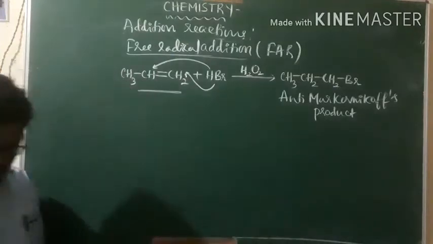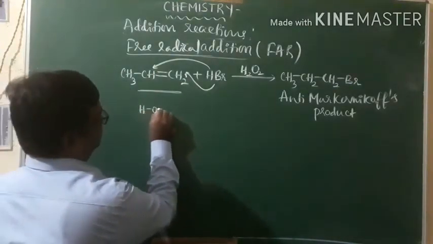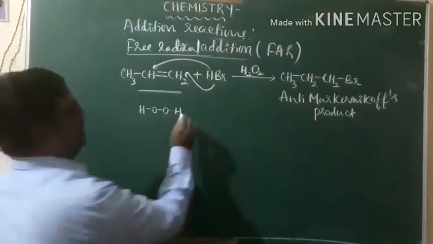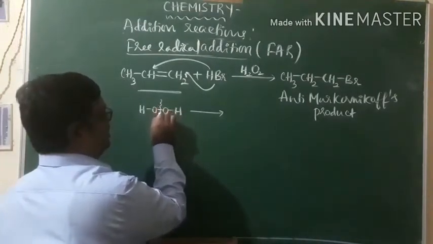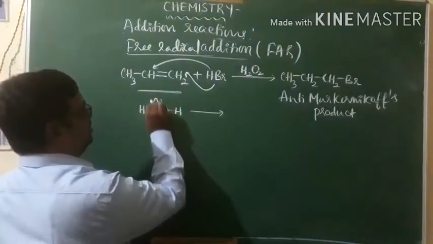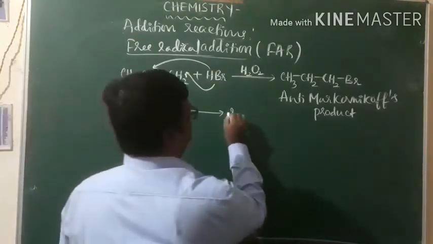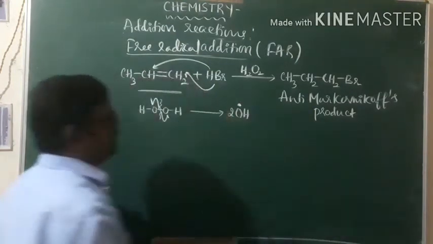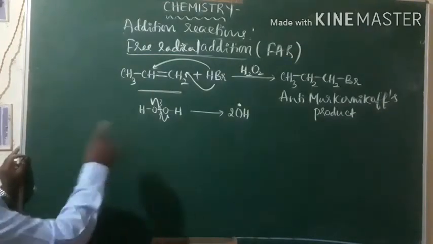You have hydrogen peroxide, H2O2, and this undergoes homolysis. One electron will be shifted to this oxygen, another electron to the other oxygen, and you get two OH dot, which we call OH free radicals, because of homolysis.